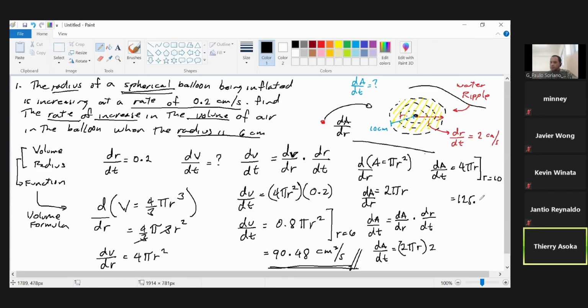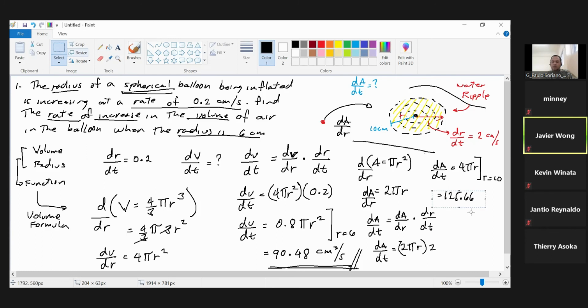Do not forget your units: centimeter squared per second. Okay, so that is now your second problem.